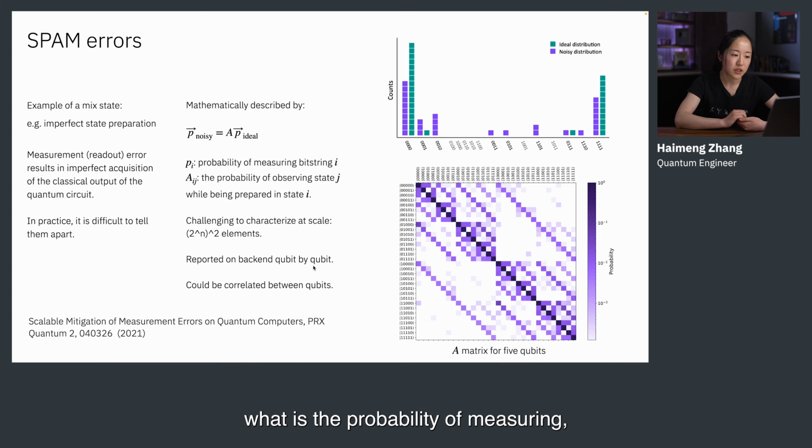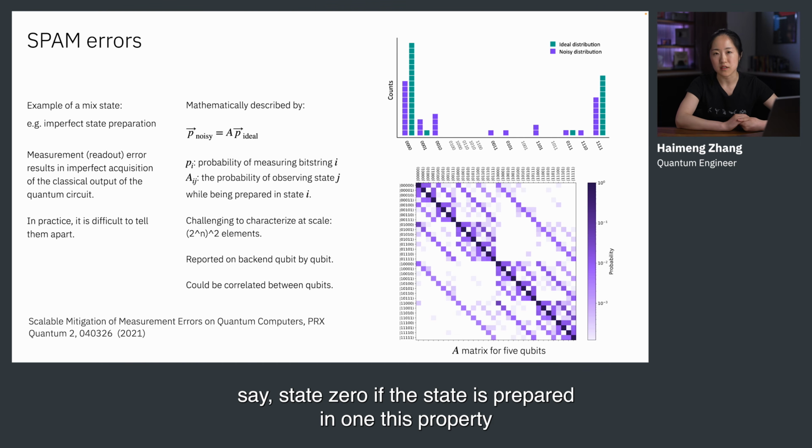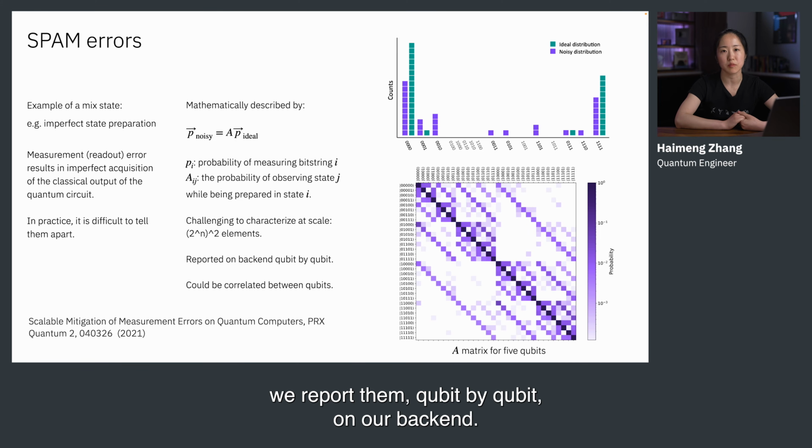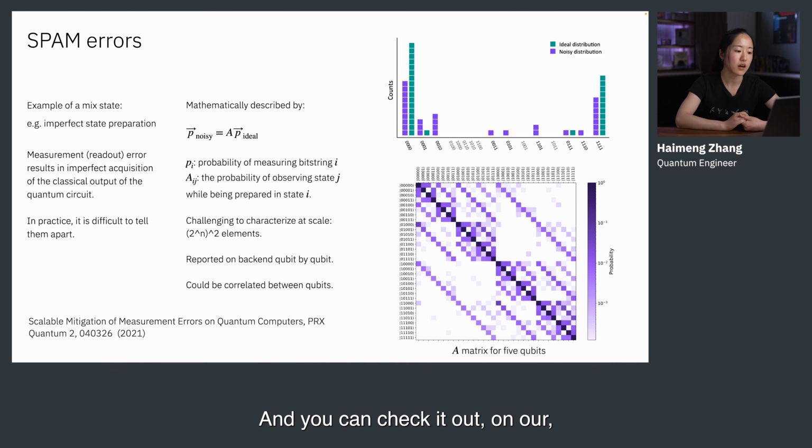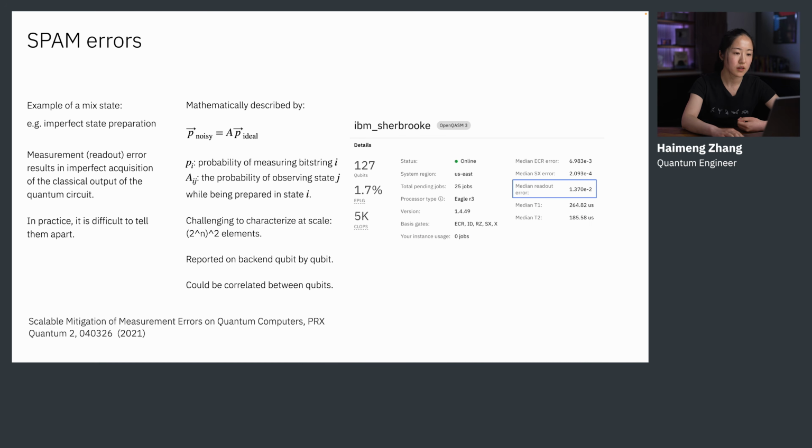But on our backend, we report this property: what is the probability of measuring state 0 if the state is prepared in 1. This property, we report qubit by qubit on our backend, and you can check it out on our IBM Quantum platform.